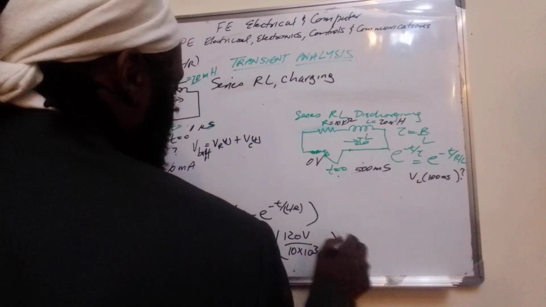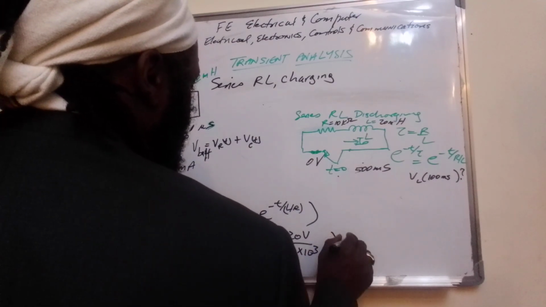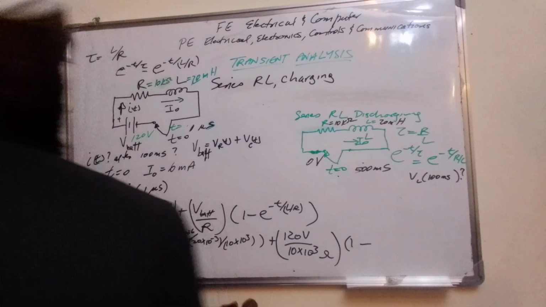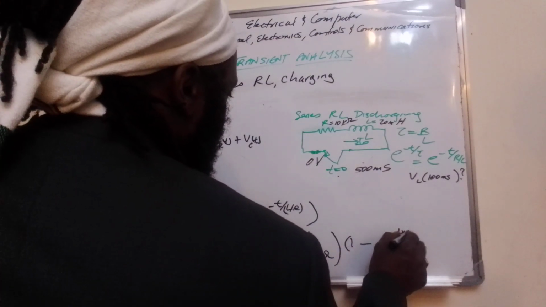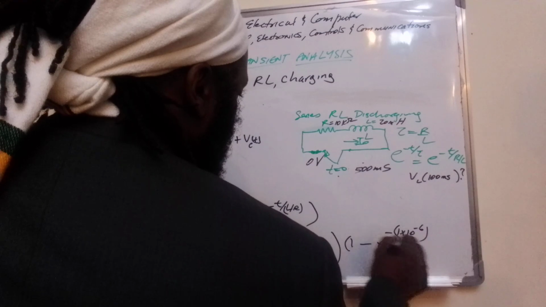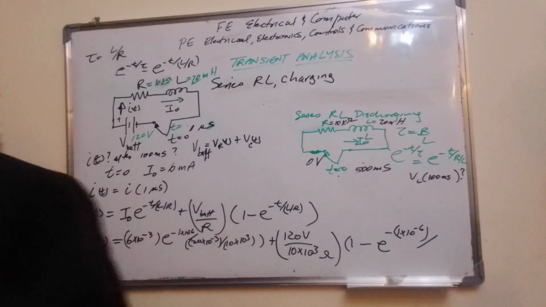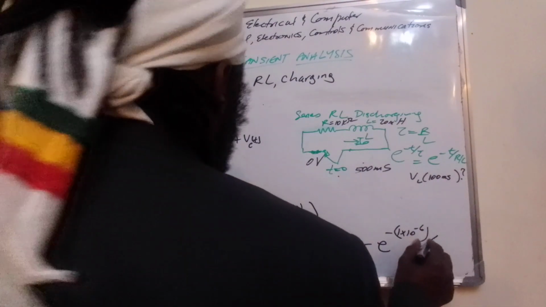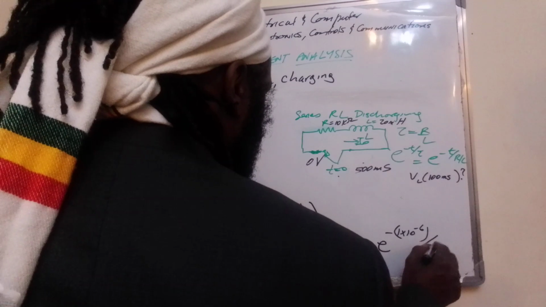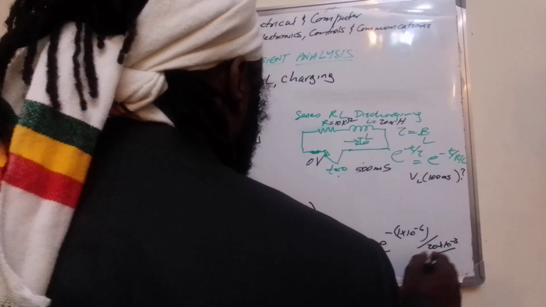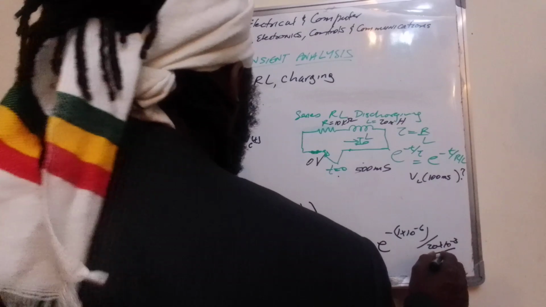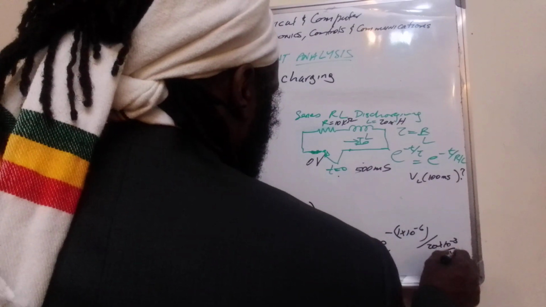1 minus e to the minus t, e to the minus 1 times 10 to the minus 6, divided by tau, which is L over R, again L is 20 times 10 to the minus 3 divided by R, which is 10 times 10 to the third.